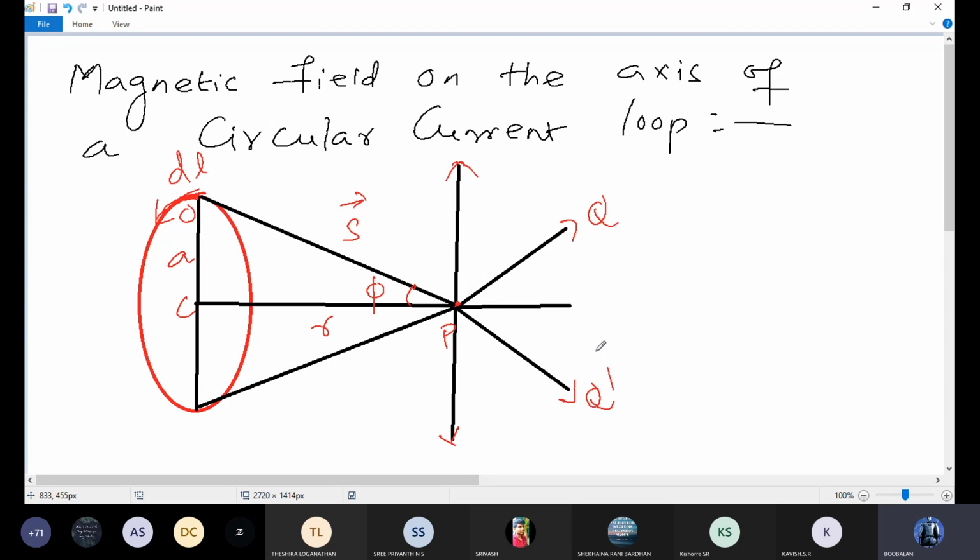Okay. So first, using the Biot-Savart law, the dB formula.